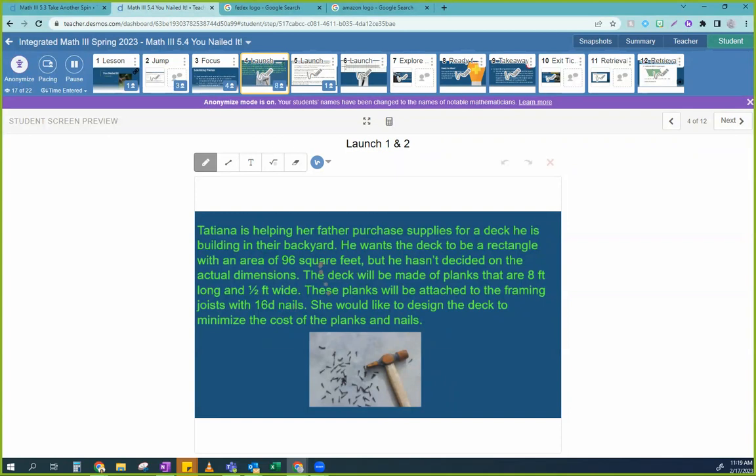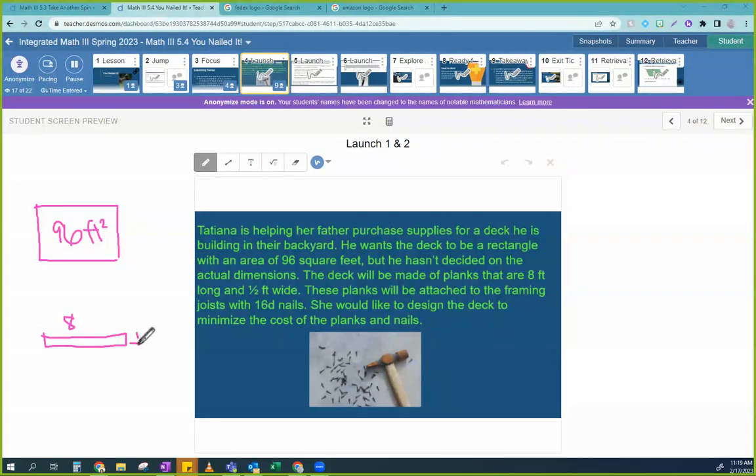So my brain is like, oh, they're making a deck. So my little brain goes, okay, let's create the deck. The only thing I know about this deck right now is that he wants it to be 96 square feet. And each of these planks is 8 by half.